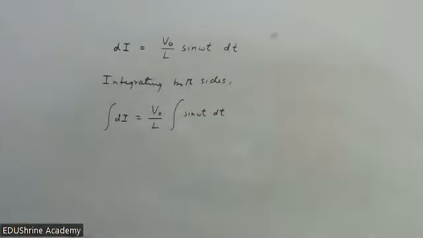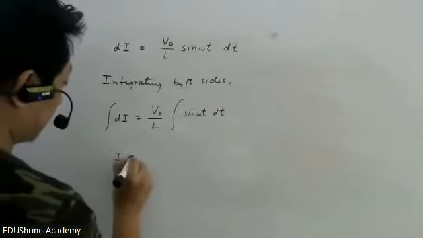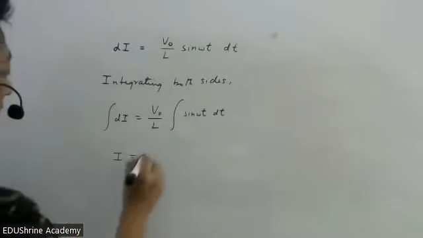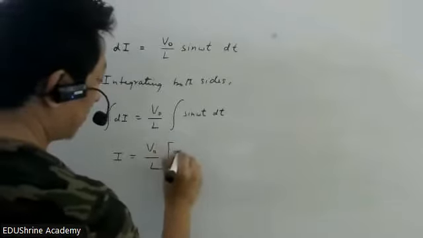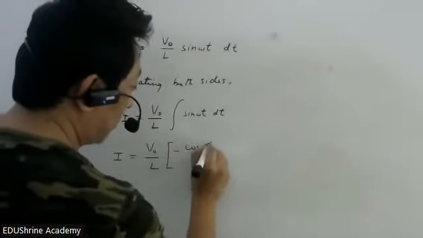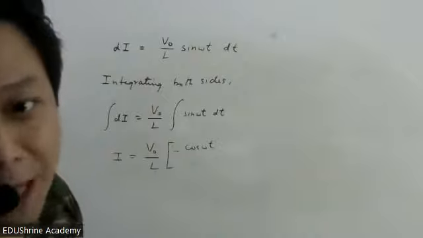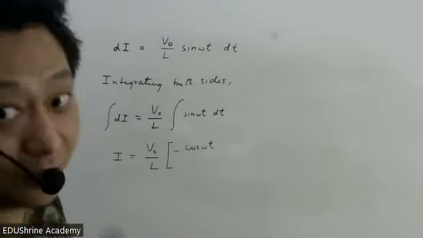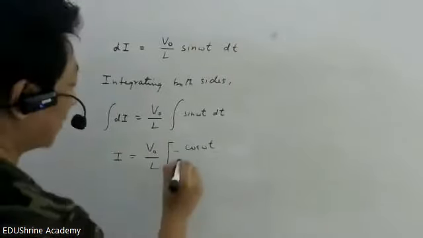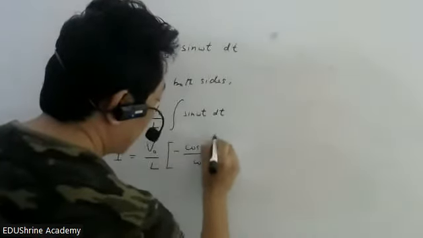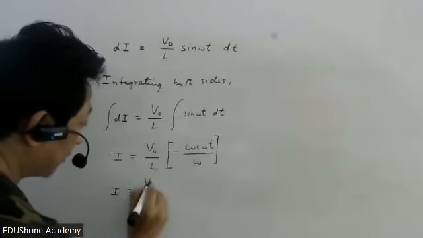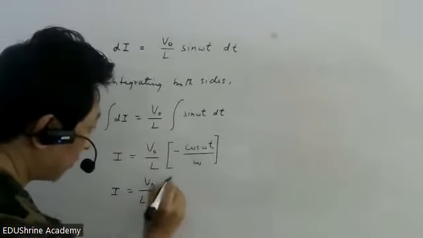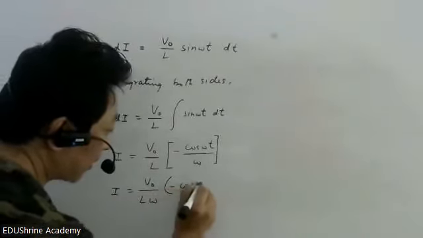I equals V naught by L. Integral of sine omega t is what? Minus cos omega t by omega, because in integration it is divided by omega; differentiation is into omega. So I can now write V naught by L omega, minus cos omega t.